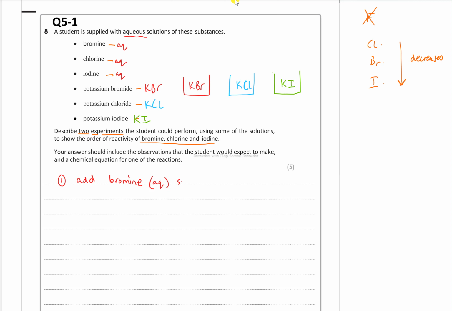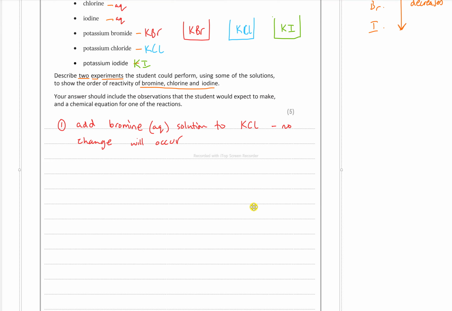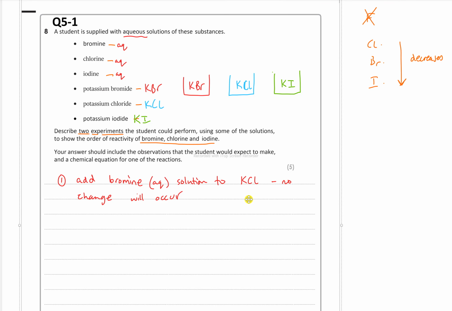Add bromine solution to potassium chloride, and there will be no change. So then we know that chlorine is more reactive than bromine, but we don't know where the other one is.